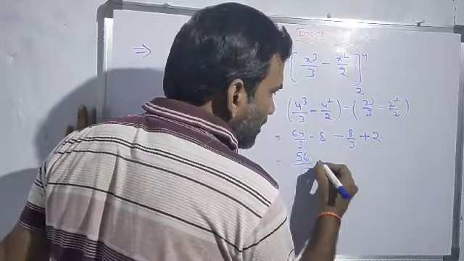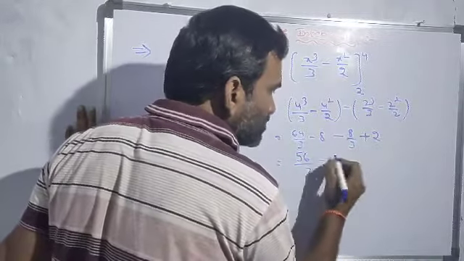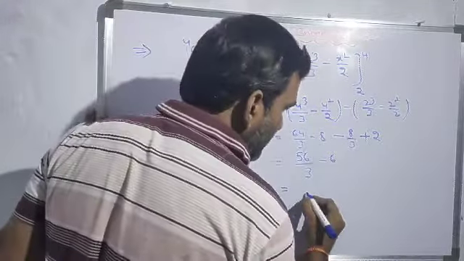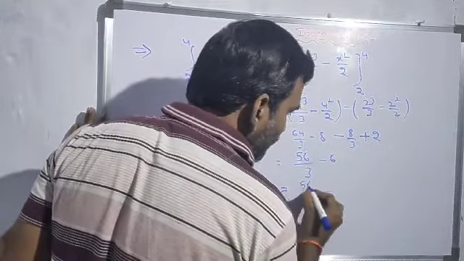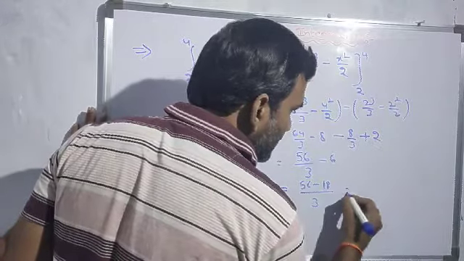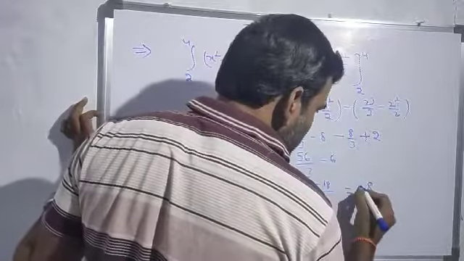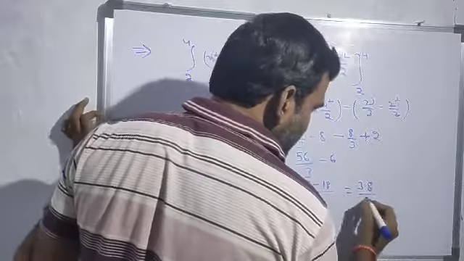Then 56 minus, here minus 8 plus 2 means minus 6. So I can take 3 as the LCM, 56 minus 18, which gives 38 by 3.